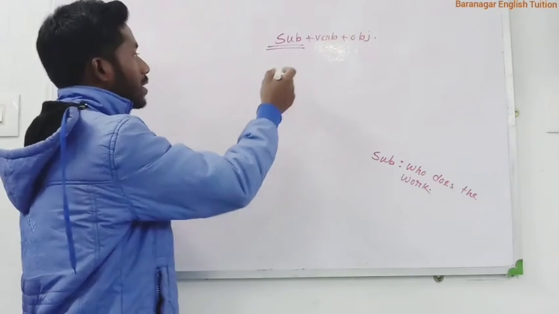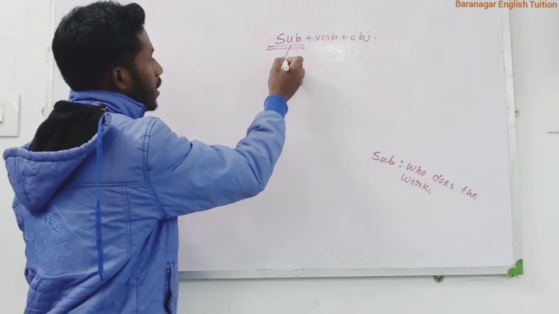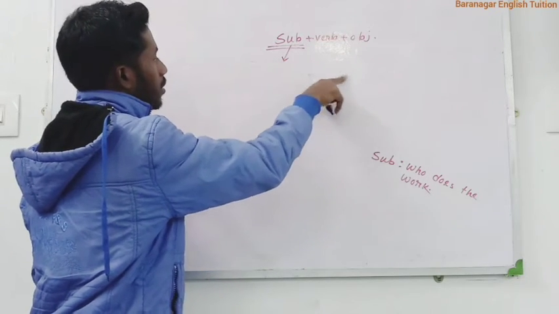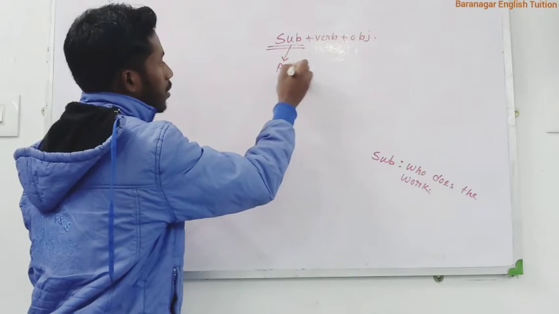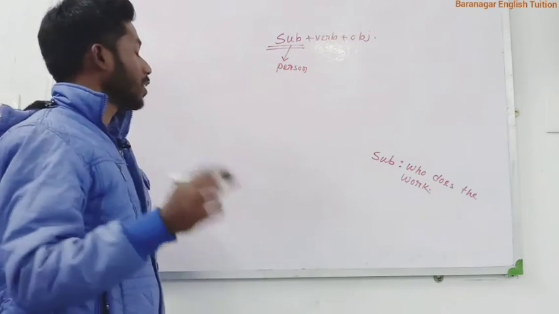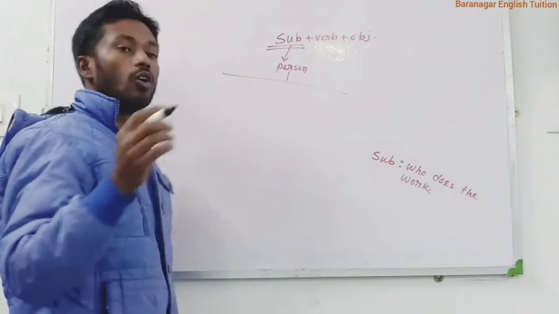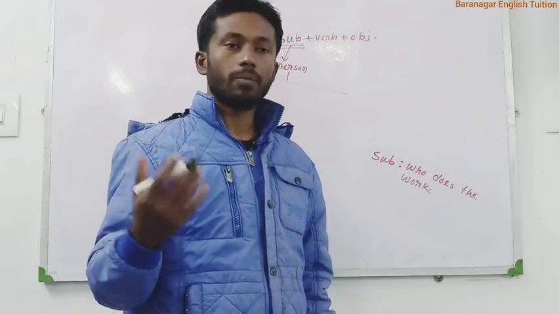Now we will understand this subject can be divided into person. So this subject can be divided into person, and you have to know what person is and which are the persons.